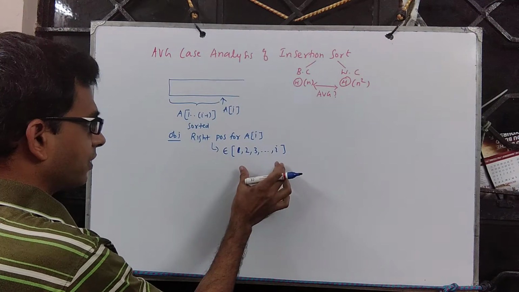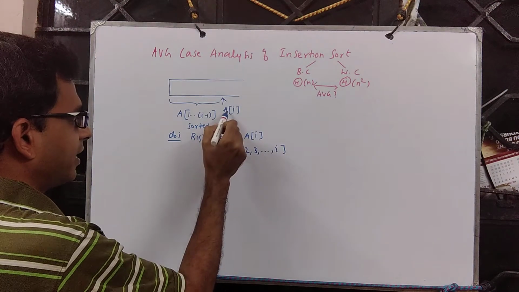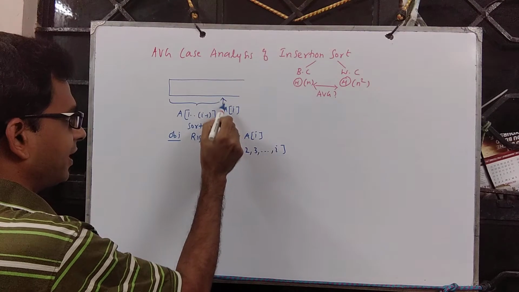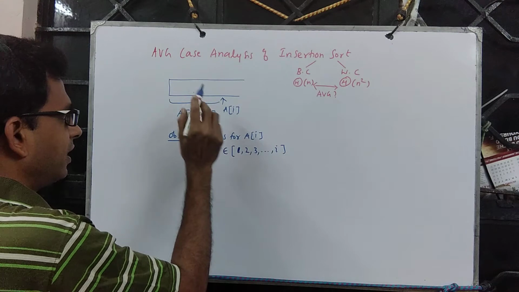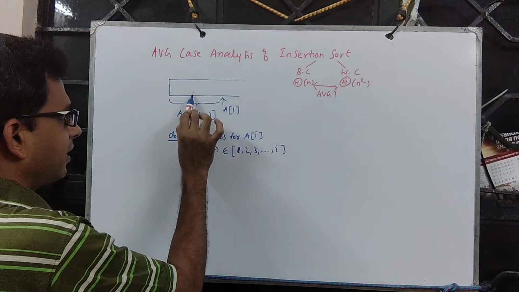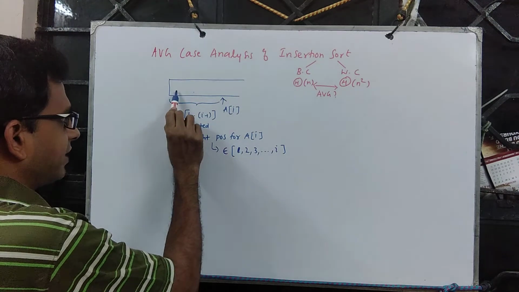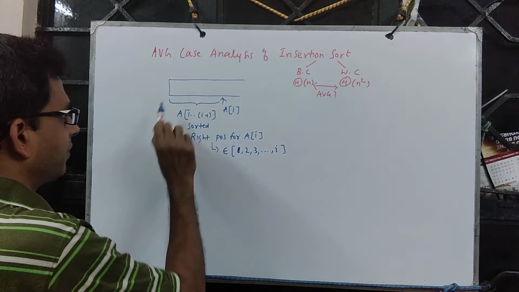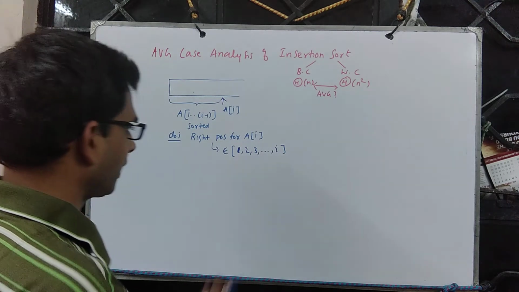And now it is a successful search, meaning the one that I want to place, I will either place it here or here. In case I want to place it here, then all of this will be shifted by one cell right, then A of i will be placed here. Suppose it should be placed at the first location, then all of this will be shifted by one cell right, then I will place A of i at this place.